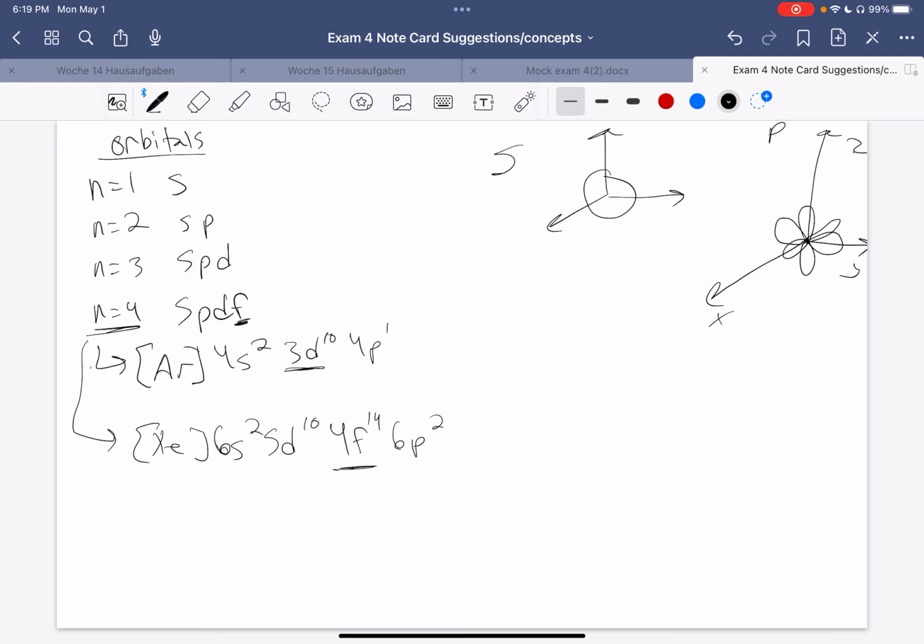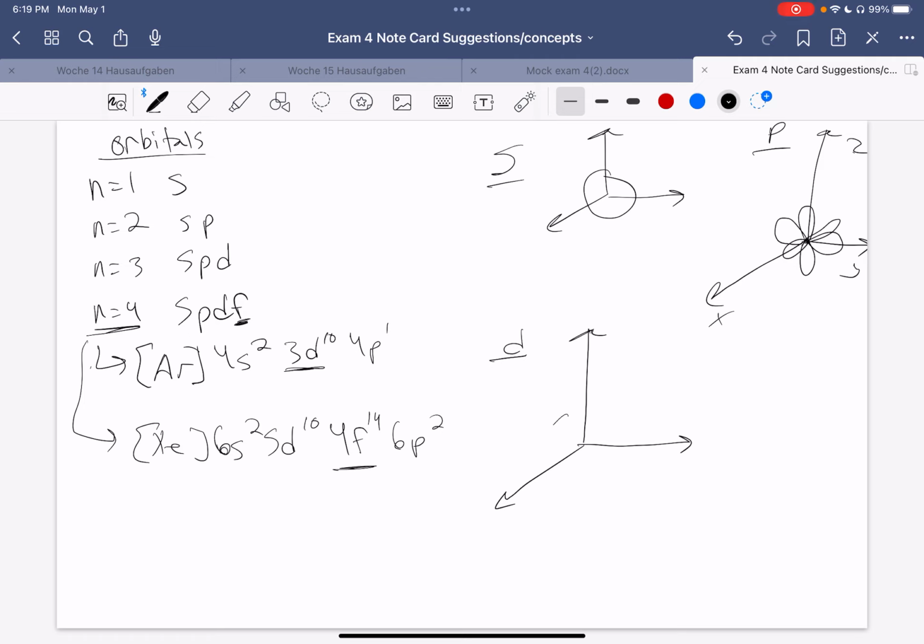And then the d orbitals, this is where it starts to get super funky. And you shouldn't have to draw these or anything like that, but you should know what they look like.